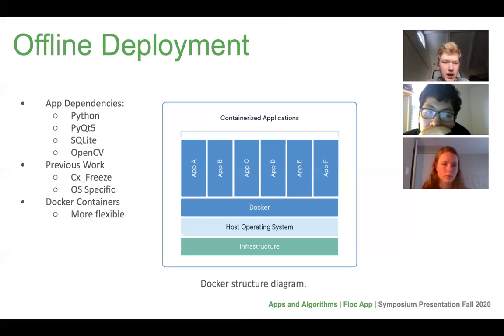Previously we tried a freezer with cx_Freeze, which converted the app into an executable, but that still depended on the operating system of the computer, whereas Docker builds that into the container. Docker containers are just more flexible and should be able to work with pretty much any device.